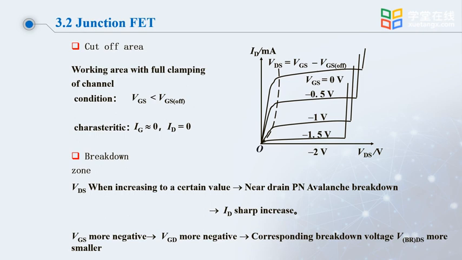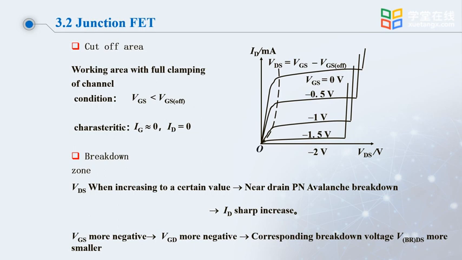So its condition is that VGS is smaller than VGS(off). For N-channel, it is characterized by ID equal to 0. Of course, IG equals 0, because the gate is suspended, so the input gate current must be equal to 0.